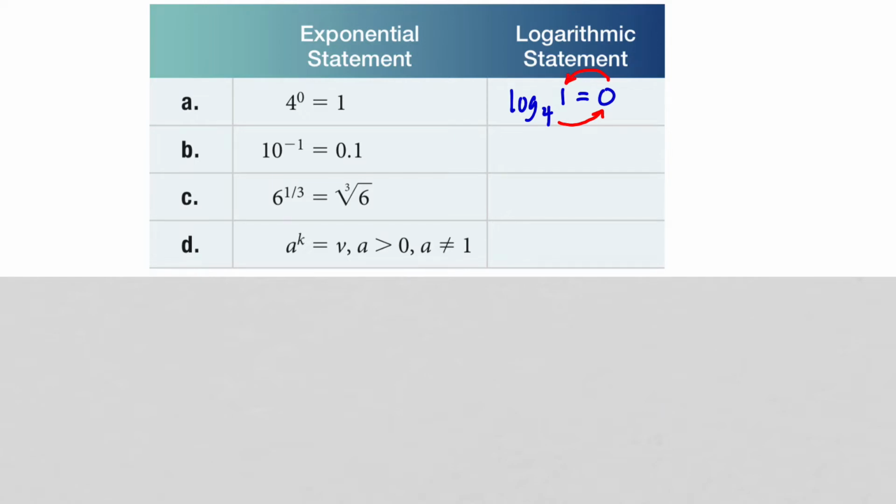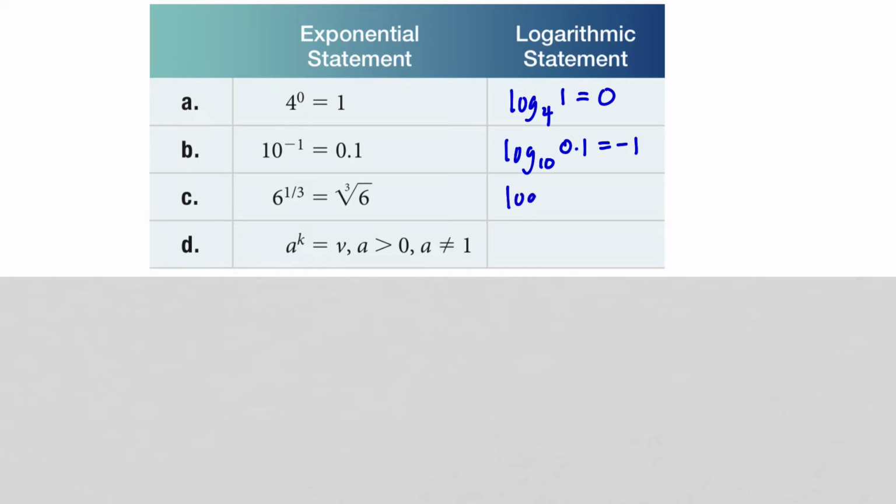We know from logarithms that this says 4 to the 0 power is equal to 1. So yes, this is the equivalent statement in logarithmic form. The next one, 10 to the negative 1 equals 0.1. This is going to be log base 10 of 0.1 is equal to negative 1. And you can check it for accuracy.